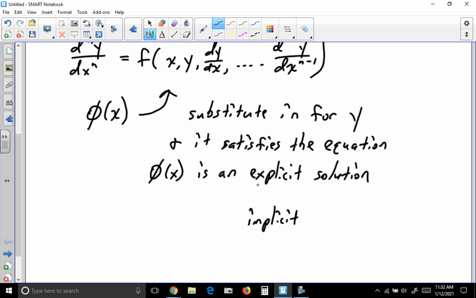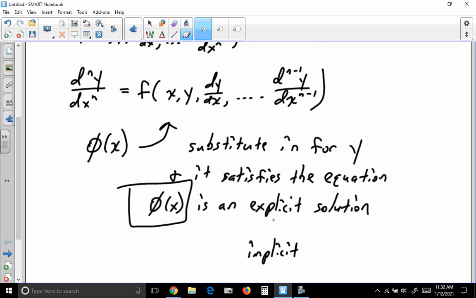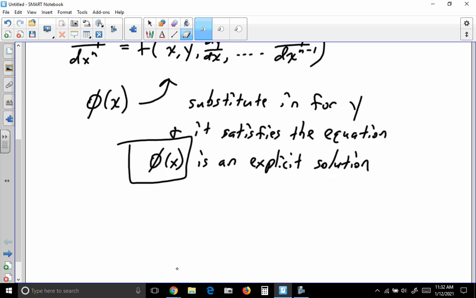So explicit just means that you have all of your independent variables on one side, your dependent variable on the other side. So if we have some function of our independent variable such that when we substitute it and its subsequent derivatives into our differential equation and it satisfies it, then that's said to be an explicit solution. And we'll look at an example of that in a moment.